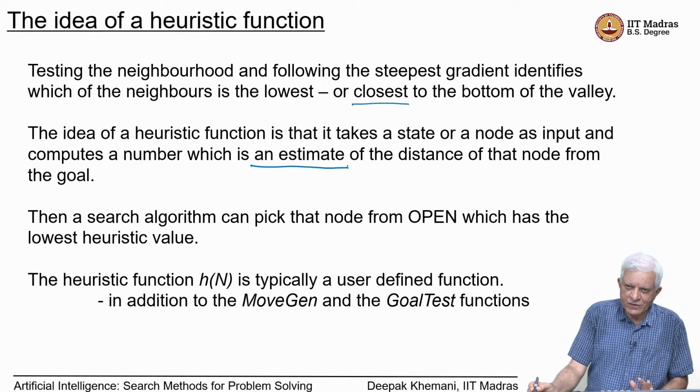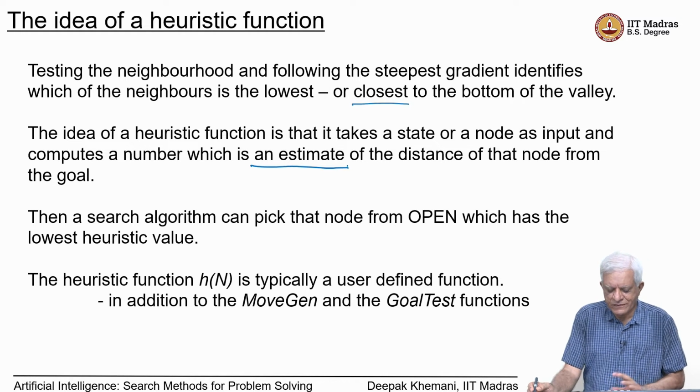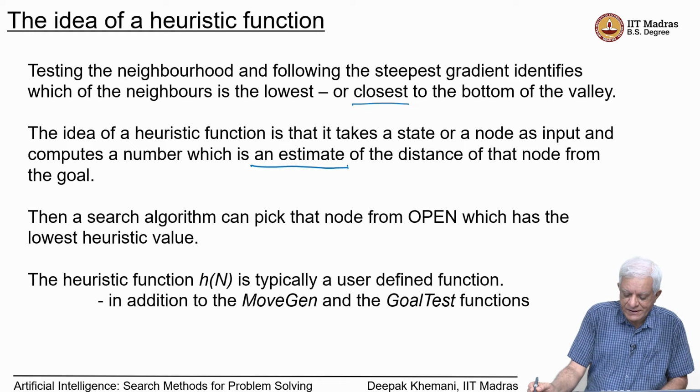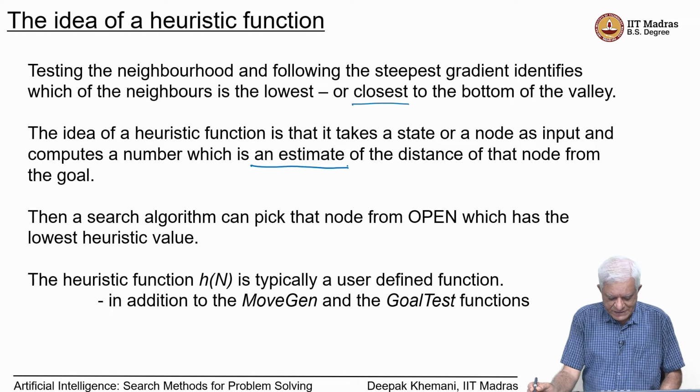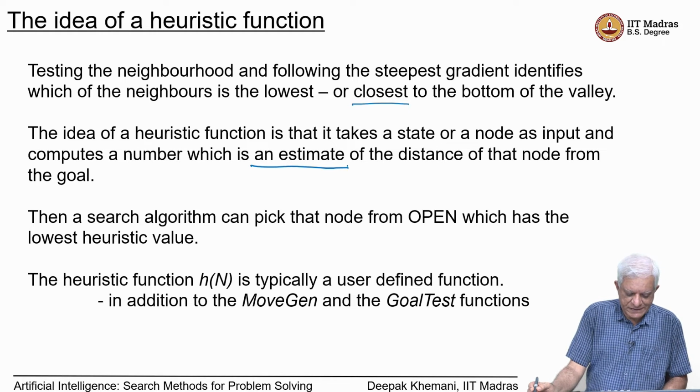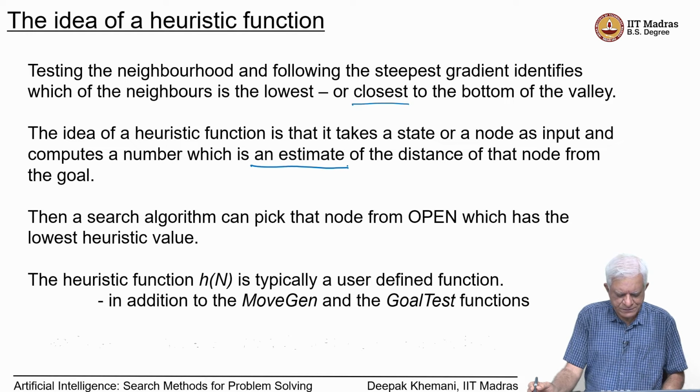We have already seen the move gen function, which navigates the space, and the goal test function, which helps it to stop navigating. And now we have a heuristic function h of n, which estimates the distance to the goal. Traditionally we do not mention the goal in the heuristic function, we just treat it as a function of one node, but in practice of course it will have to look at the goal as well.